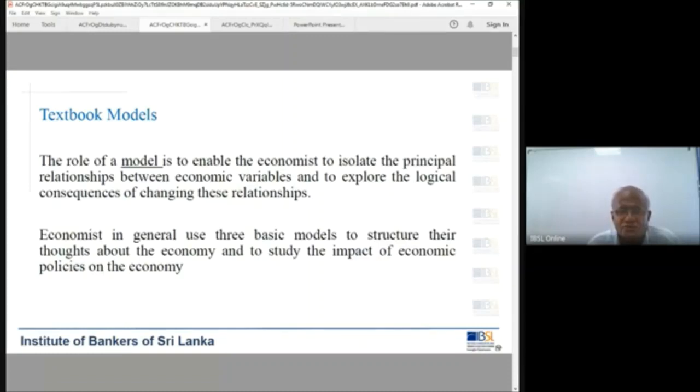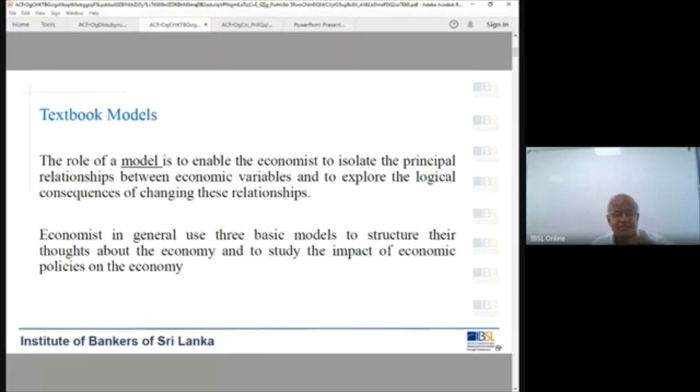Economists in general use 3 basic models to structure their thoughts about the economy and to study the impact of economic policies. I have already discussed these things. There are two types of economic policies in the macro sense: fiscal policy and monetary policy. Fiscal policies are designed, announced, and implemented by the Minister of Finance, MOF, the General Treasury.